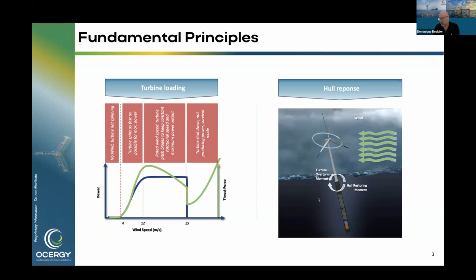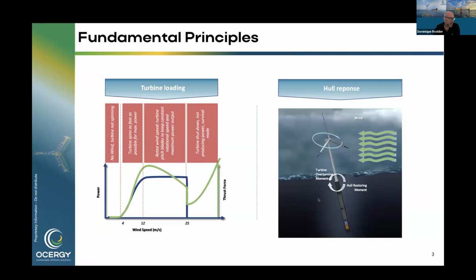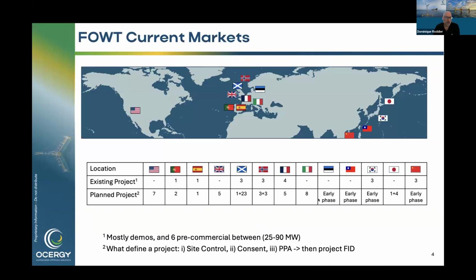If you heel way too much, it will not work. But the more you heel, the less power you generate, and the more side loads you get, and so on. So trying to keep your system stable is important. So that's really the anatomy of it. We'll have time for questions, but that's really how the system works.